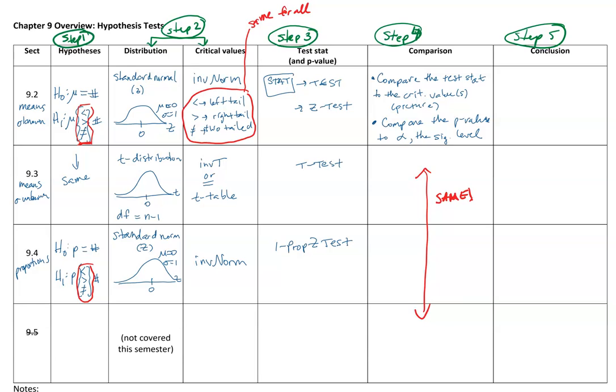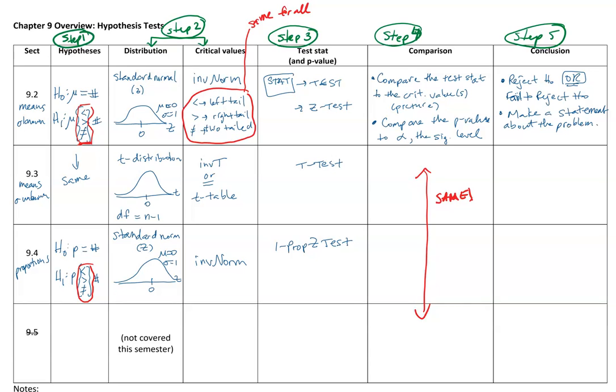For the conclusion, step 5, again, kind of the same everywhere. 2 parts to it again. You're either going to reject the null specifically or fail to reject the null. You're going to say one or the other. Okay. And then make a statement about the problem. And it's a little bit tricky sometimes, but usually it's about the alternative hypothesis.